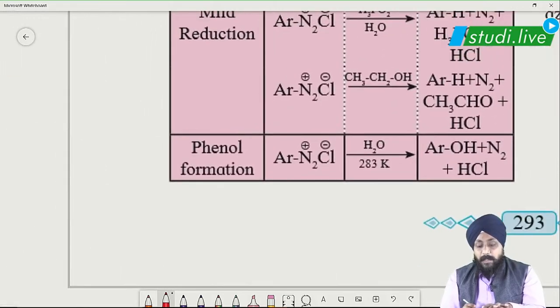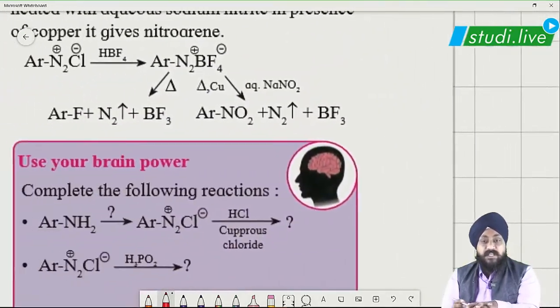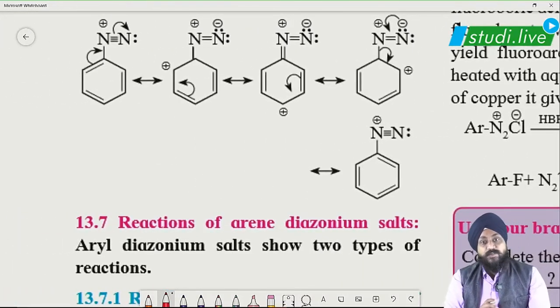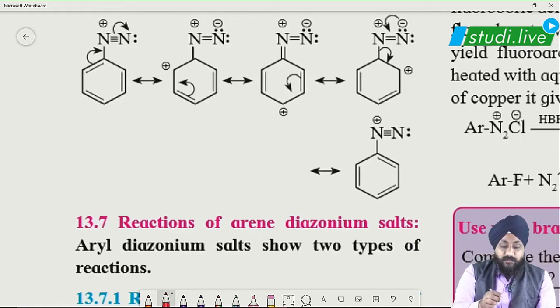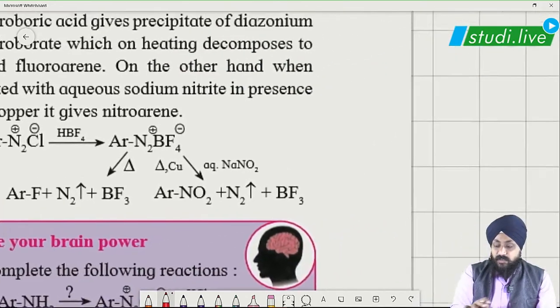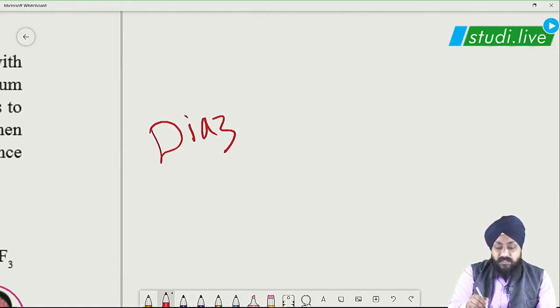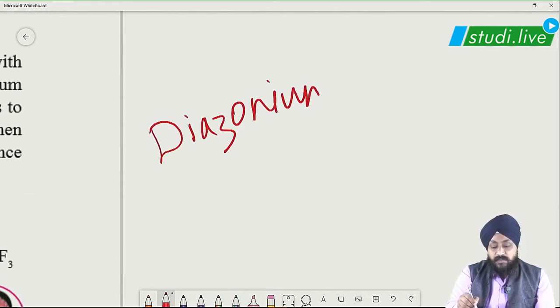Yes students, now here what we are going to do is another part which we are going to understand. Now what is going to happen with this diazonium salt? Students, we are going to carry out two types of reactions of this diazonium salt. See, diazonium salt will undergo two types of reaction.